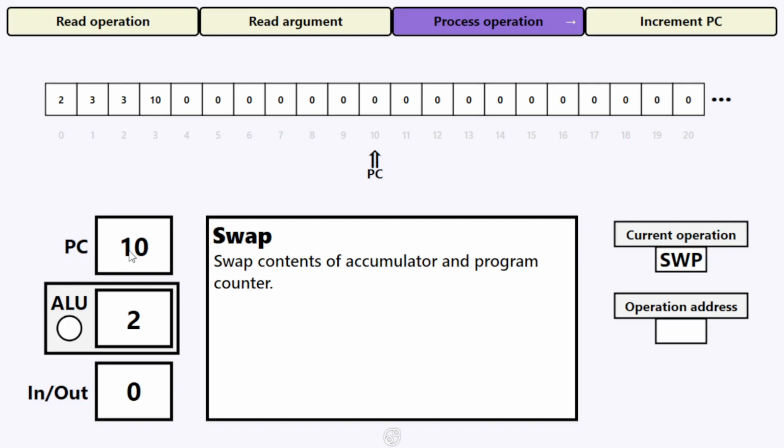But more importantly, the accumulator now contains the value that was previously in our program counter. So I jump forward to this address 10, but by reading the accumulator, I can now work out from where I came with the jump.